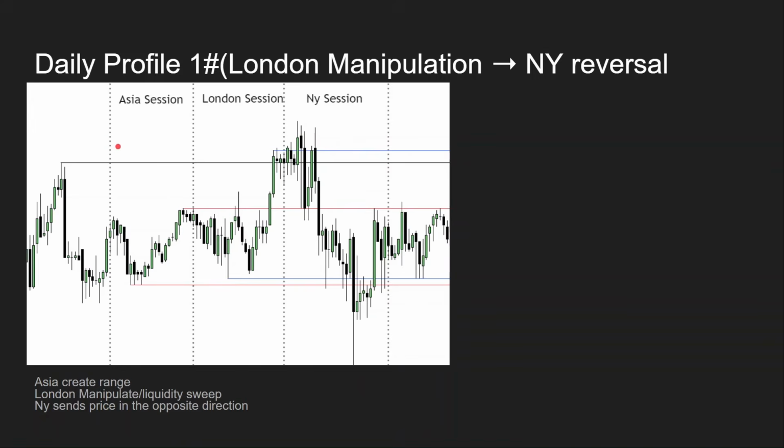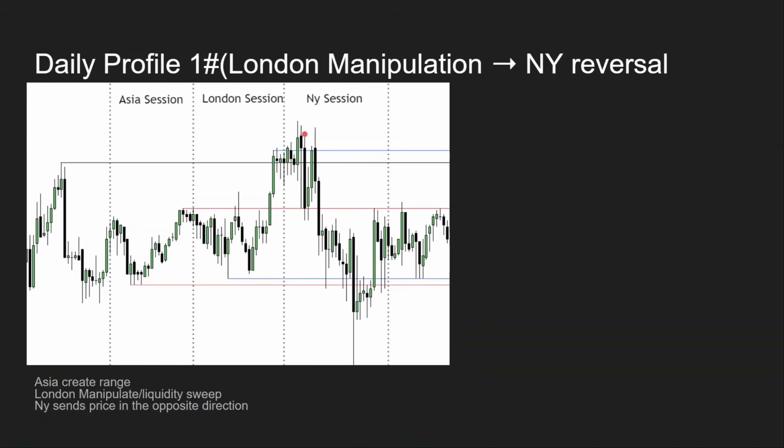We can look at what happens here. We have marked out the Asia low and Asia high, and then we can take a look at what London session does. London goes ahead, takes out the Asia high right here, continues up, and takes out this key 1 hourly high.